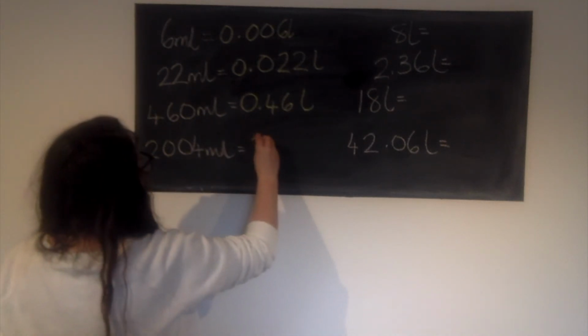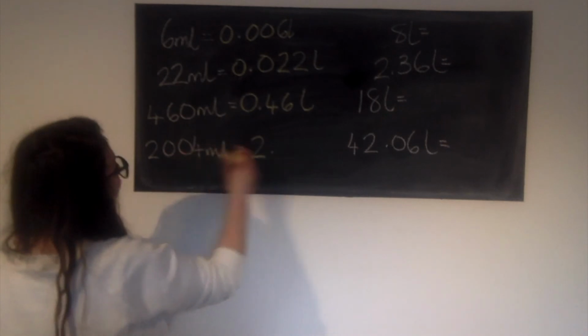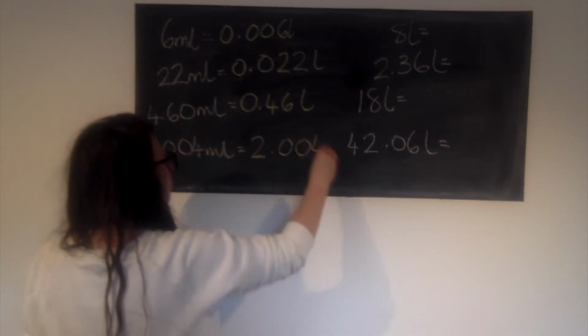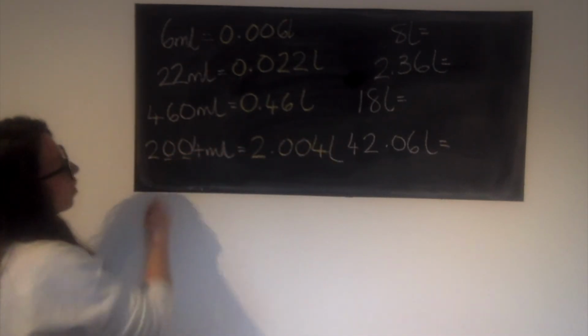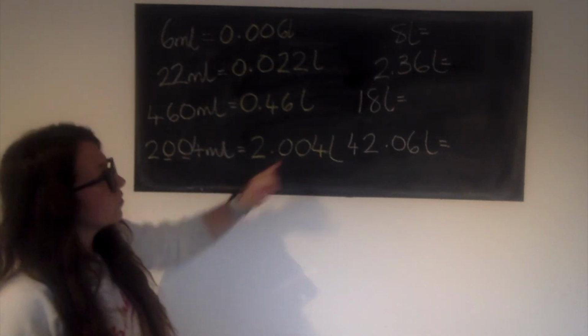And then 2004 millilitres, so it's 2 whole litres, decimal point 004 litres. Those zeros are really important placeholders, otherwise my 4,000ths would be in the tenths column.